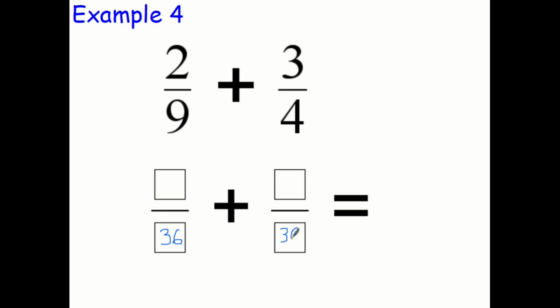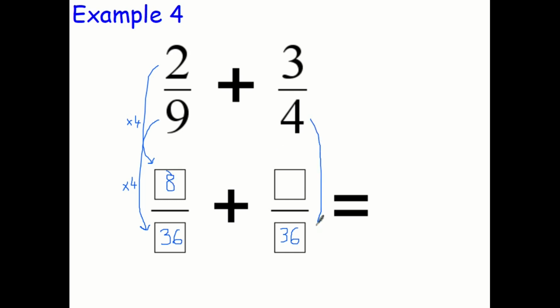That's, in this case, the lowest number that both of those things go into. 9 times 4 is 36. So the 9 has been multiplied by 4, which means the 2 has got to be multiplied by 4 as well, which gives me 8.